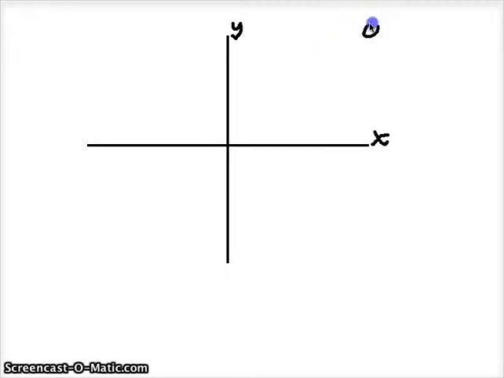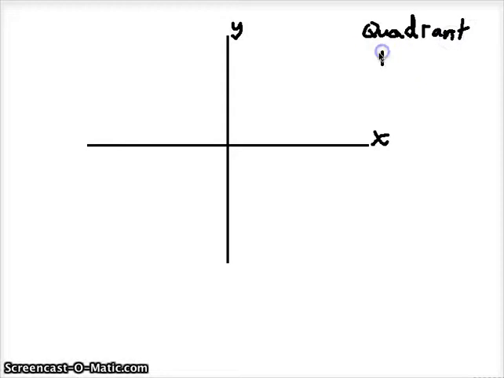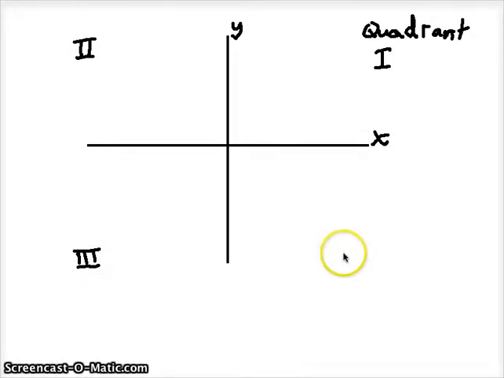We always start in the top right, so in the positive x, positive y. And that is where quadrant 1 exists. And then we move counterclockwise. So over here we have quadrant 2. Down here to the left we have quadrant 3. And over here we have quadrant 4. So it starts on the top right and moves counterclockwise there.